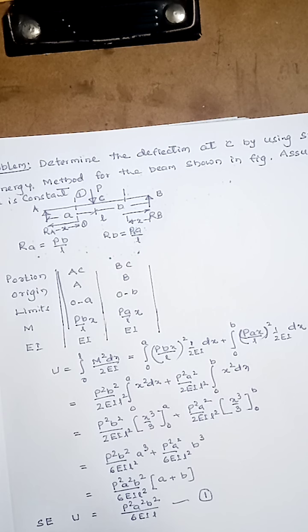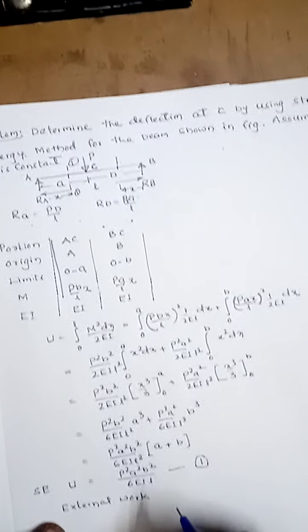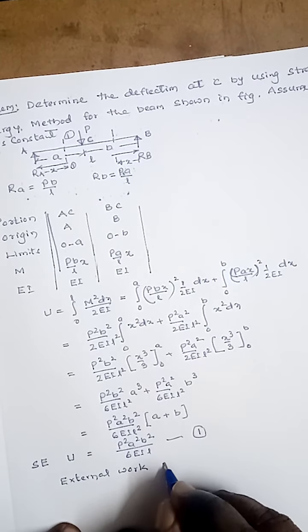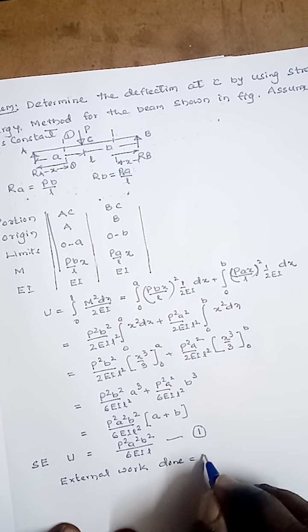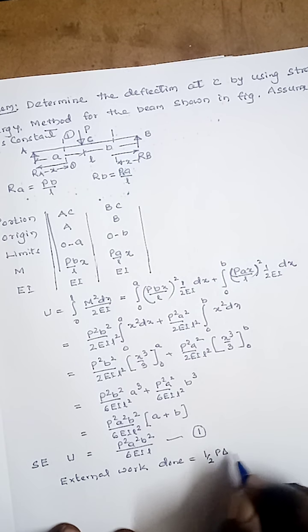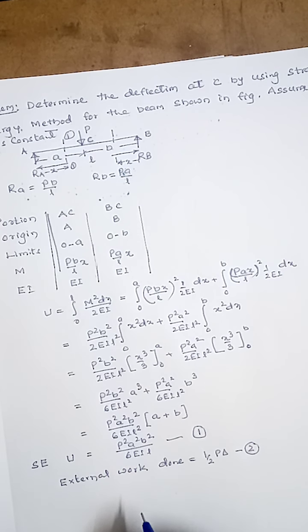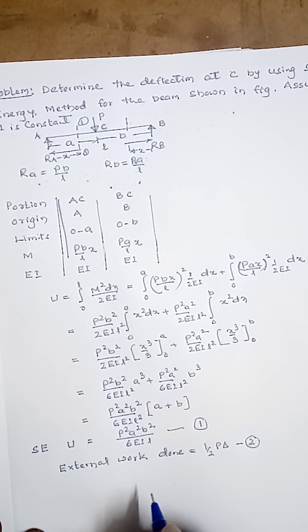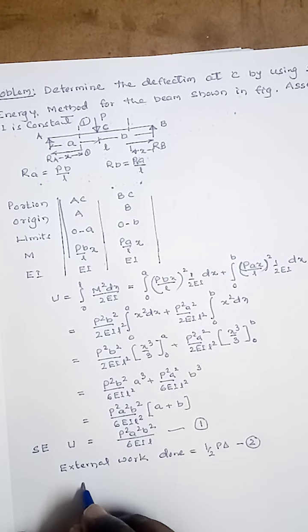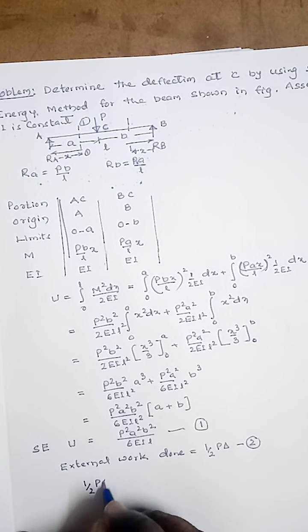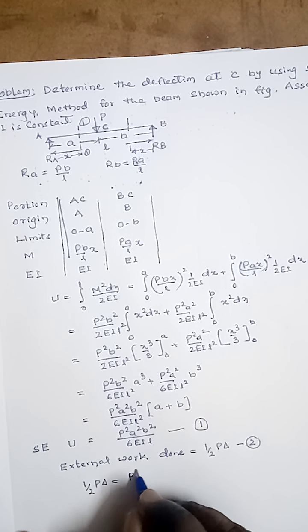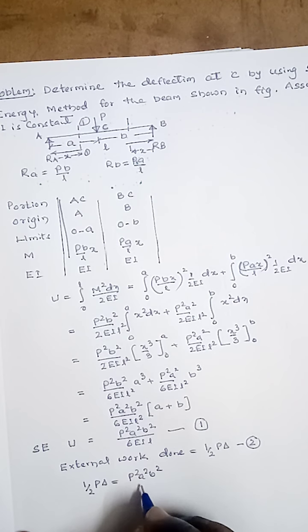Then external work done. External work done due to load equals half into P into delta. Then by equating the internal work done and external work done, equating 1 and 2, we will get half into P into delta equals P square A square B square divided by 6EIL.